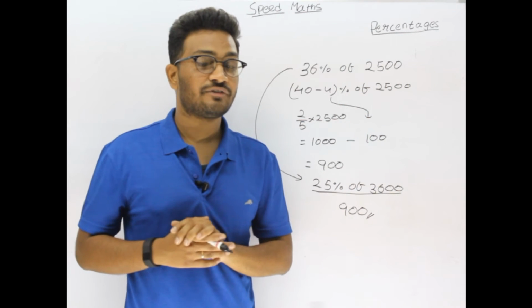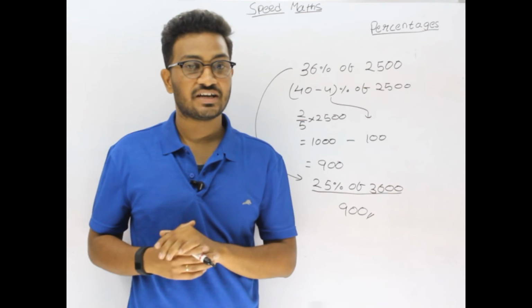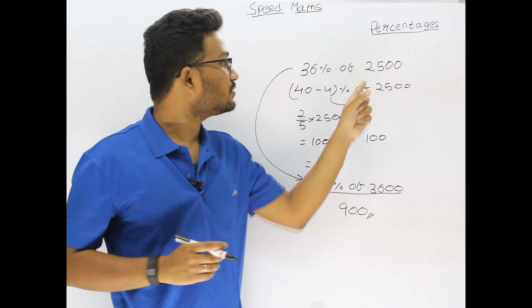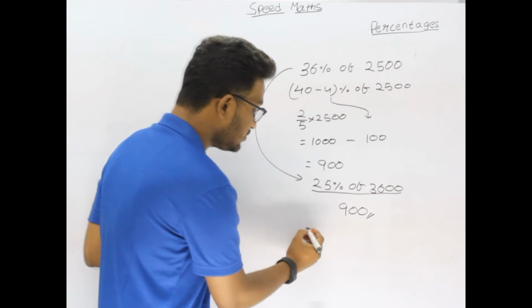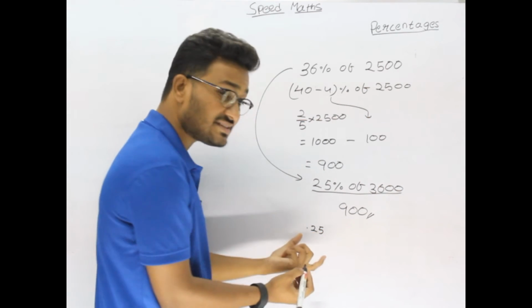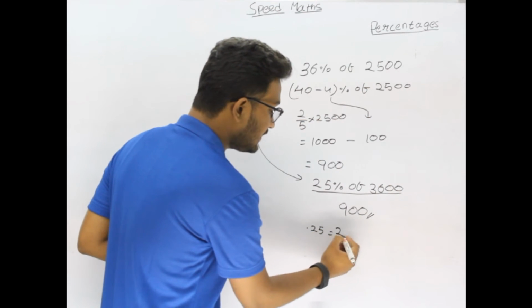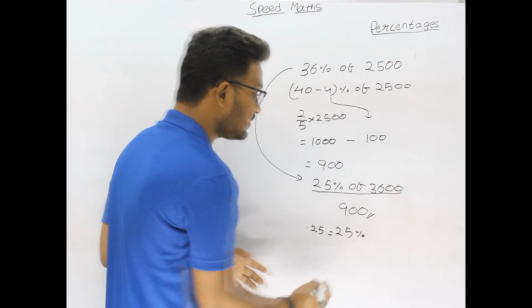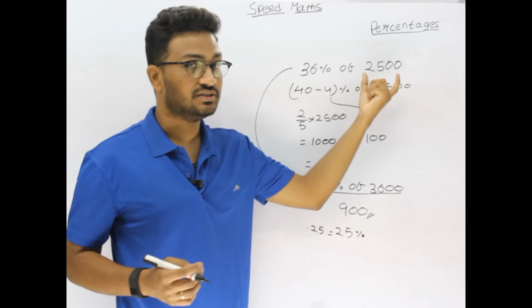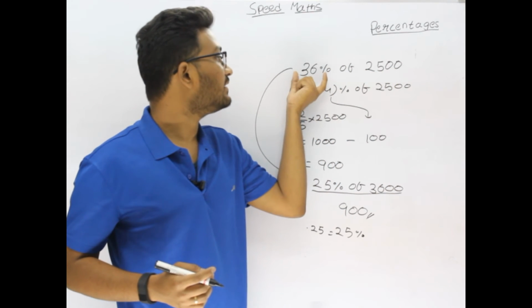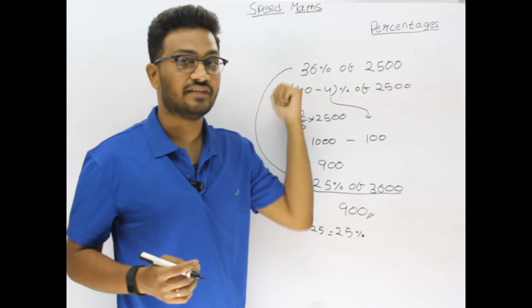How can we convert 2500 to 0.25? By dividing it with 10,000. So when we divide this 2500 with 10,000, we get 0.25, which is 25%. Now as we divided this number with 10,000, we had to multiply this 36% with 10,000.